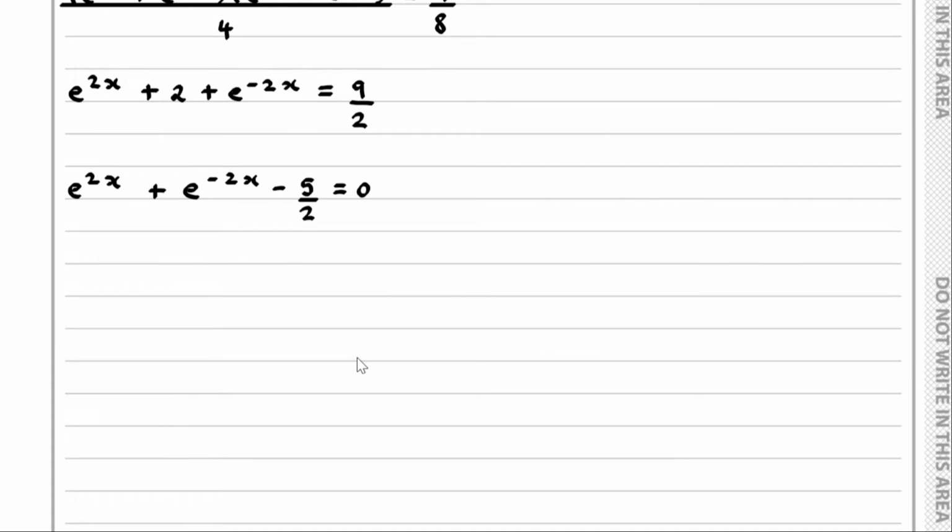And if we now multiply through by e^(2x), then we have e^(2x) times e^(2x), which is e^(4x).